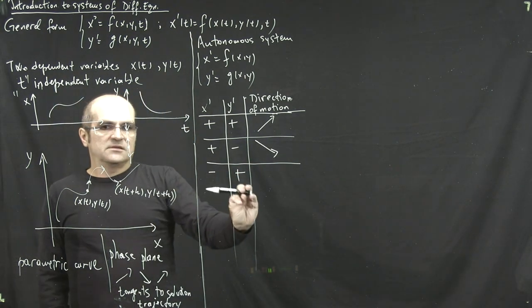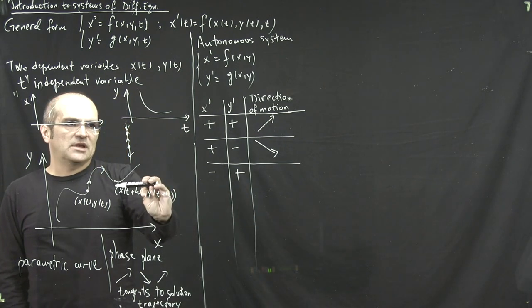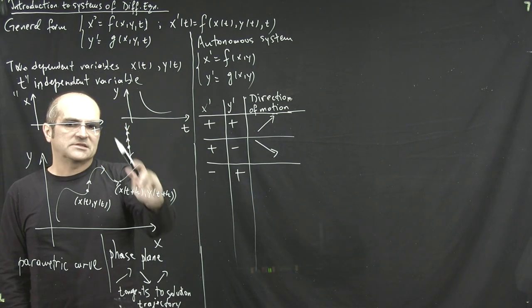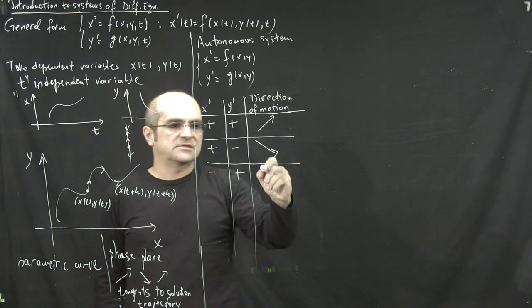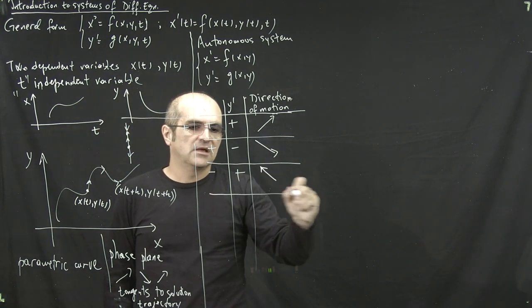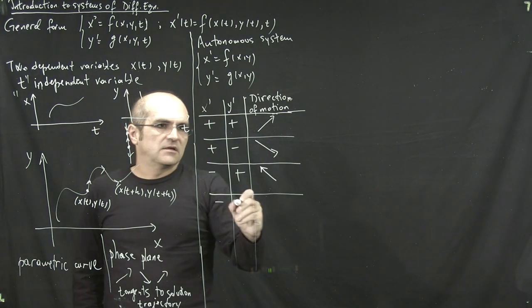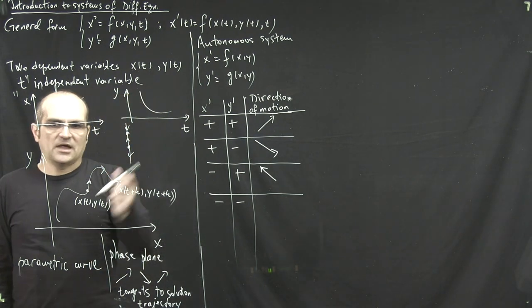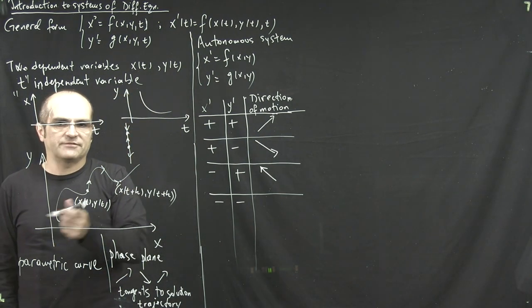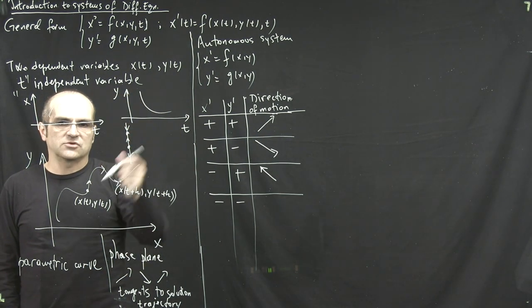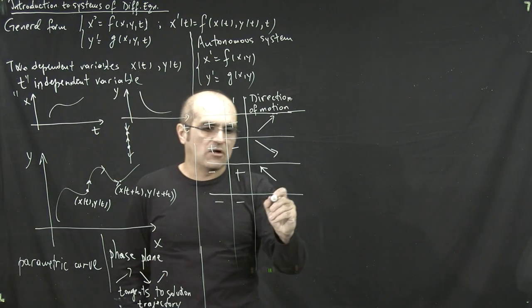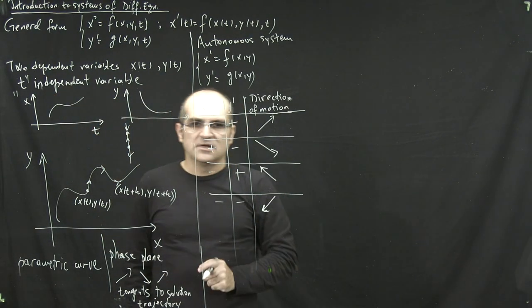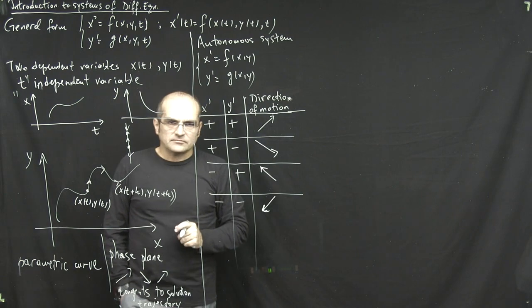That means x decreases, so you move to the left, and y prime positive, so y increases. So that means left and up. And then finally, if both are negative, x decreases, so moving to the left, y decreases. So combined, the arrow points left and down.